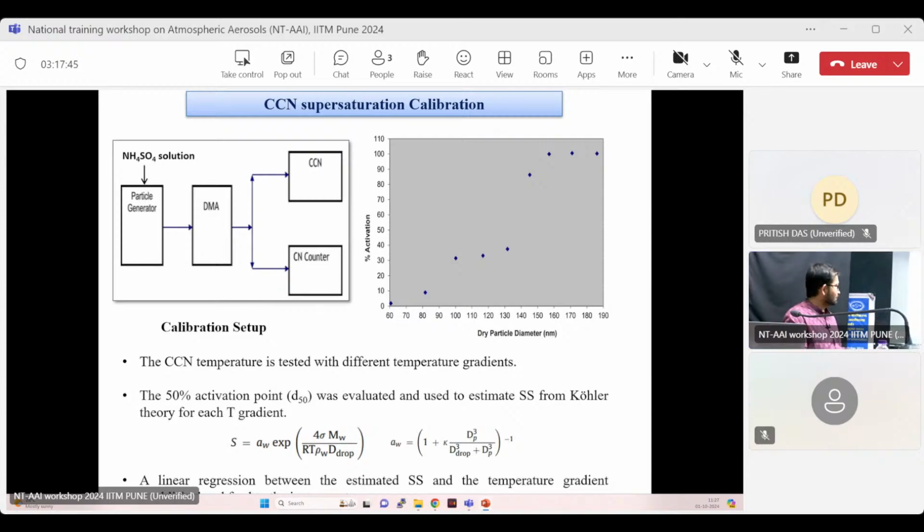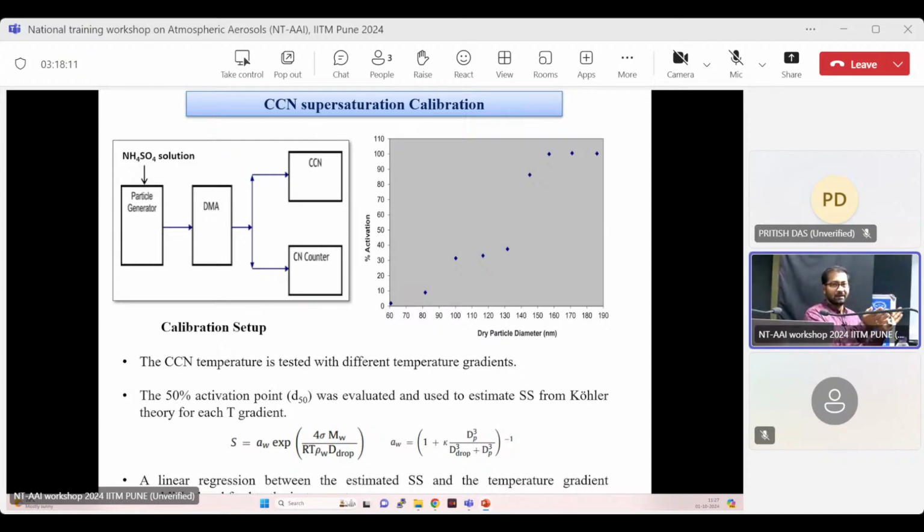I am using the same Köhler theory to estimate supersaturation from these curves. Generally in CCN, we don't measure supersaturation. We assume delta T, and from delta T, using this Köhler curve and different size scanning, we estimate supersaturation. For different sets of delta T, you have different supersaturation.